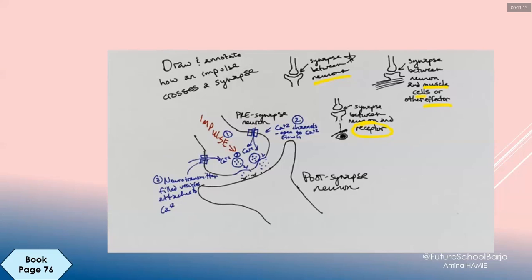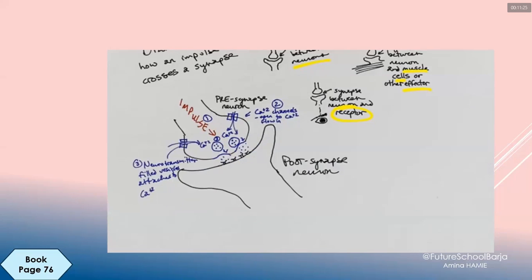Now the synapse is filled with all kinds of little receptors here that perfectly fit. So these neurotransmitters then attach, this is number 4, attached to these receptors. Now, right next to these receptors are what number 5 is, which is some sodium channels. And these sodium channels are going to open up. Now there's a high concentration of sodium outside of the neuron, a low concentration of sodium inside the neuron.